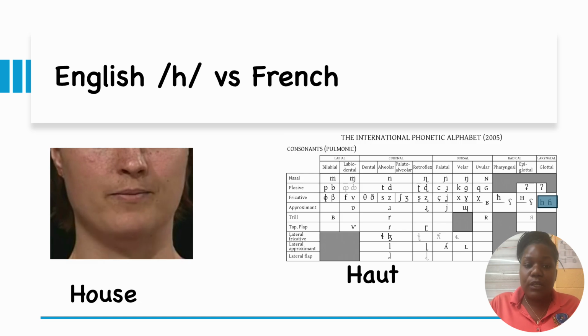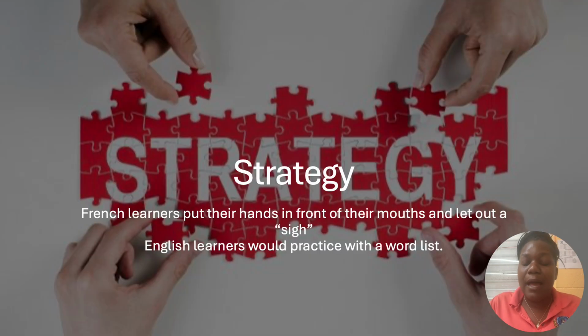For students, whether French learners or English learners, a strategy for me would be to have the French learners who are learning English, whenever they get to words that begin with the letter H, put their hands in front of their mouth while they say the letter H words.